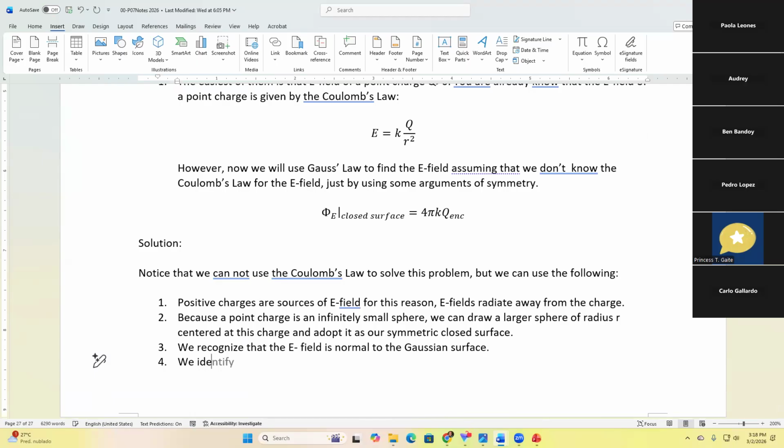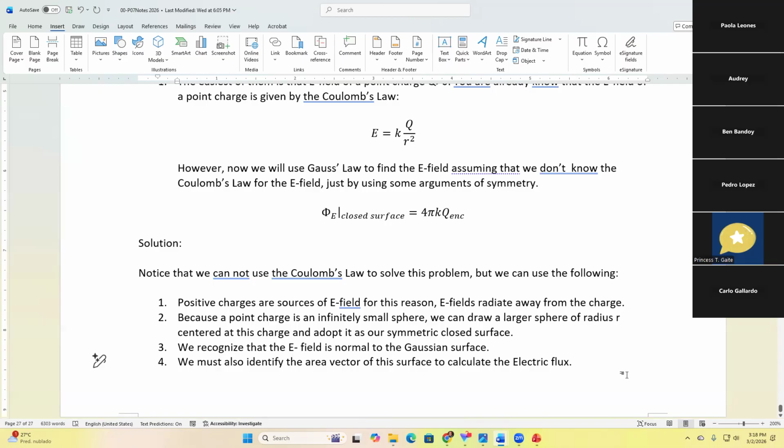We identify, next, the area vector of this surface. Okay, area vector of the surface. We're going to need that to calculate the electric flux. We must also identify the area vector of the surface to calculate the electric flux.